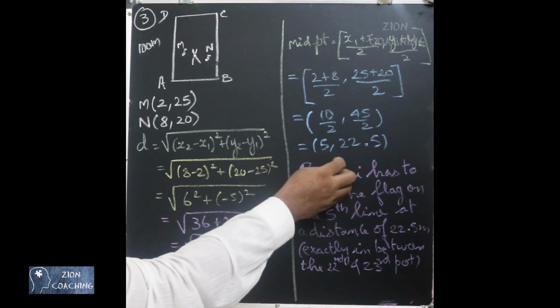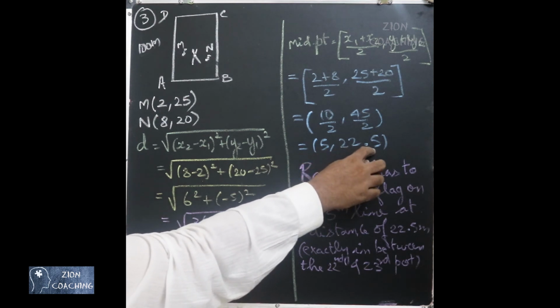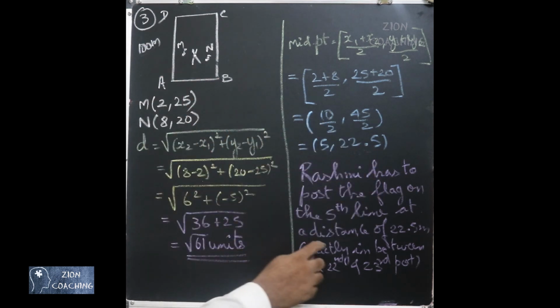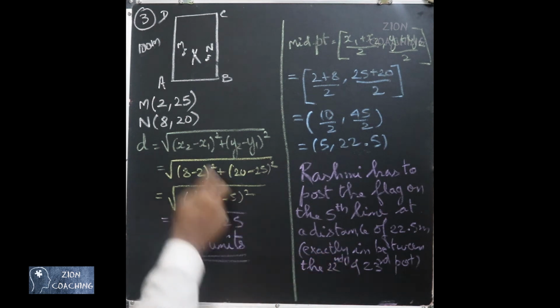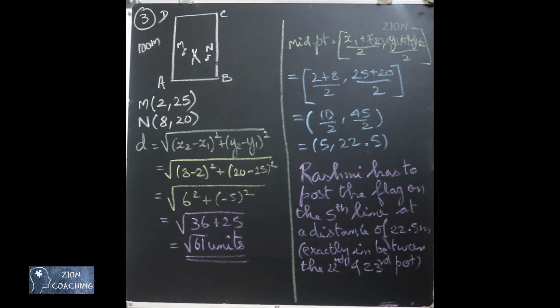It is exactly on the 5th line at a distance of 22.5 meters from here. So that is going to be in between the 22nd pot and the 23rd pot. So we have found both the answers.